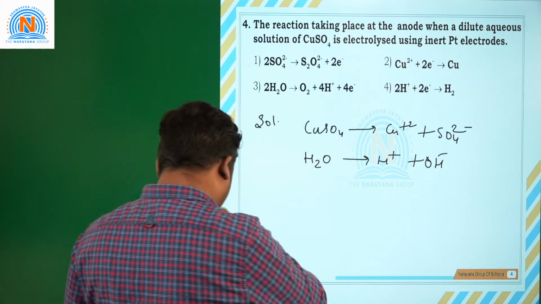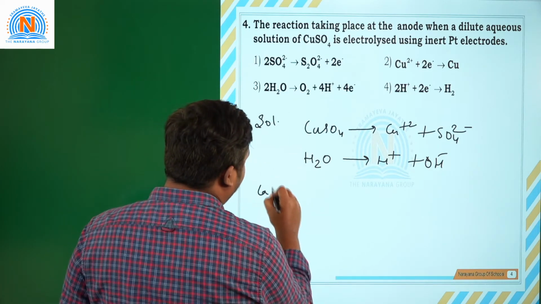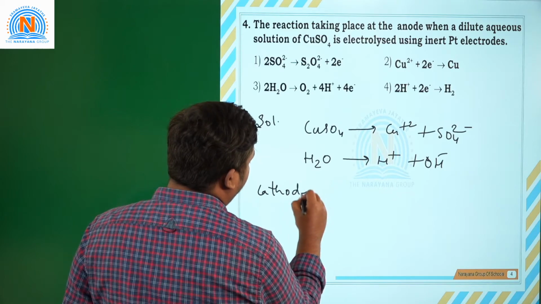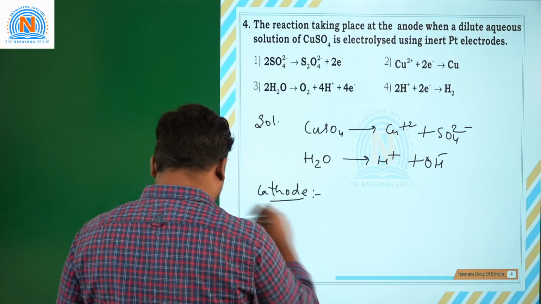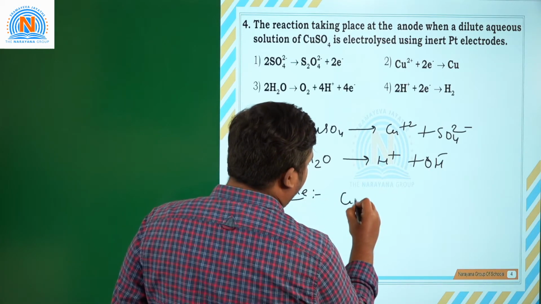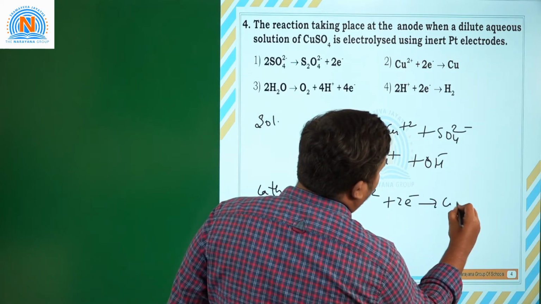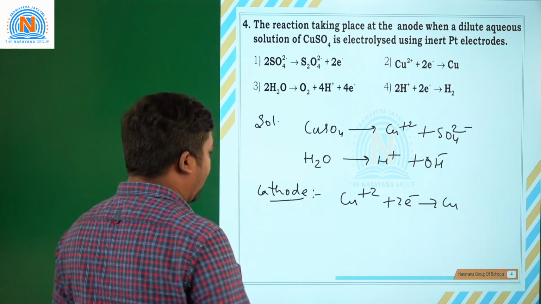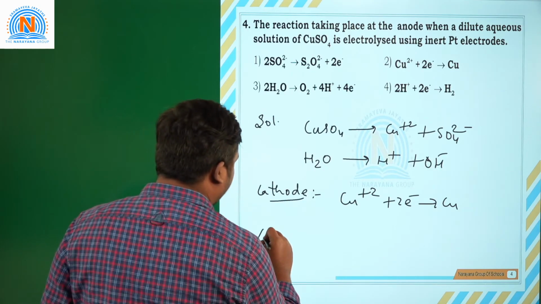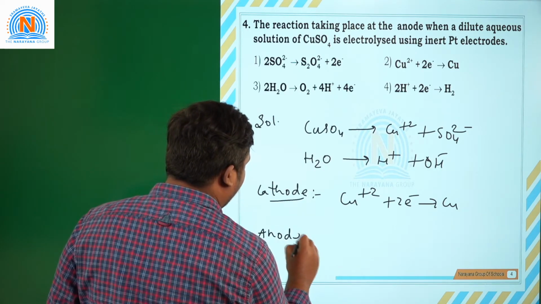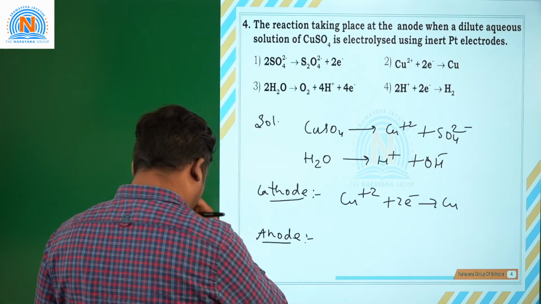Okay. Then at cathode the following reaction takes place. Copper will take up the 2 electrons to form copper metal. This is taking place at cathode, and anode generally involves the oxidation process.